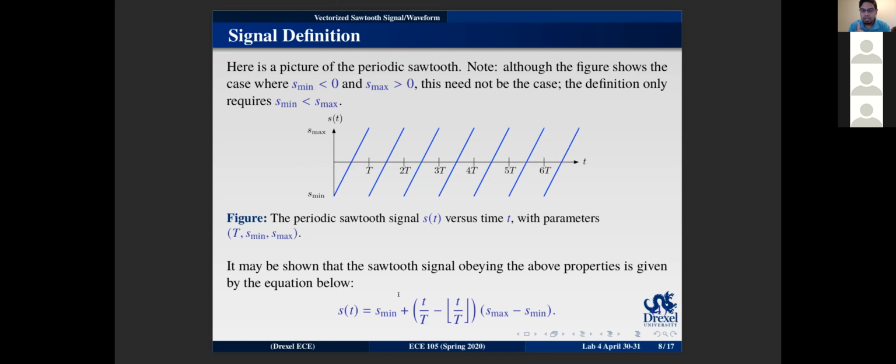Going back to our example, capital T is 2, we have 4 intervals, and small t is equal to 1.2. What is my t over capital T value? That is 1.2 over 2, minus the floor of 1.2 over 2, which is a 1. So what we end up with is 1.2 over 2 minus 1. Now that would give you, if you may, a negative value, right? Yes or no?